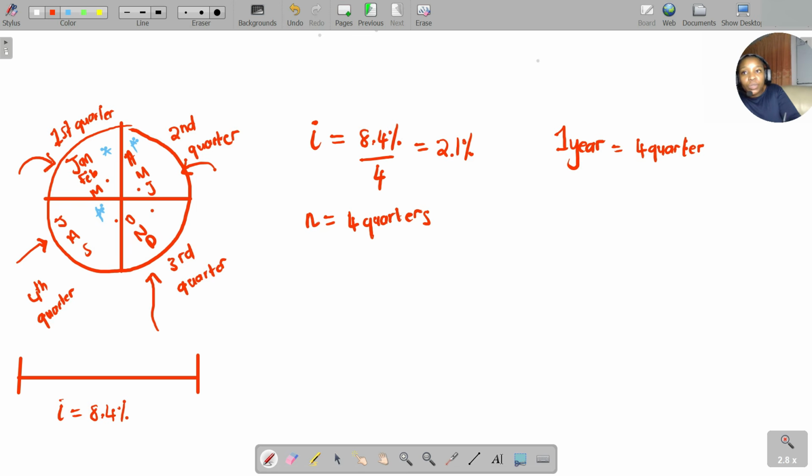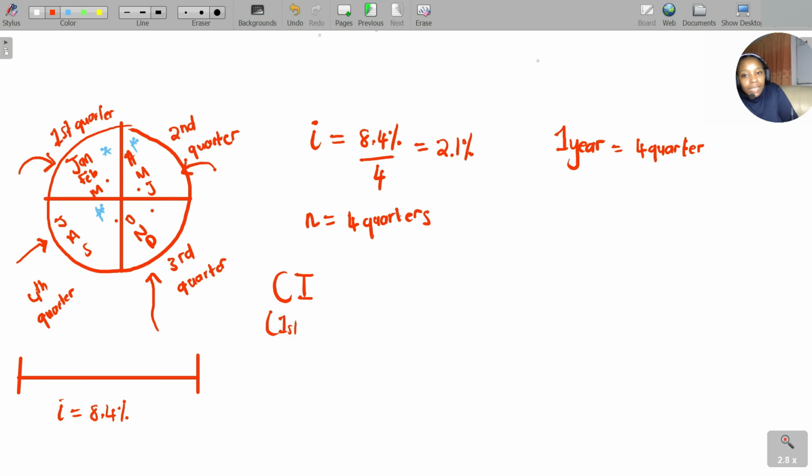So what do we need to do here for us to calculate the compound interest? Remember, for the first quarter, we're going to do this calculation 3 times. So it's just going to be that 30,000 that she's borrowed from her parents multiplied by the interest rate of 2.1 over 100 multiplied by 1, because it's just the first quarter.